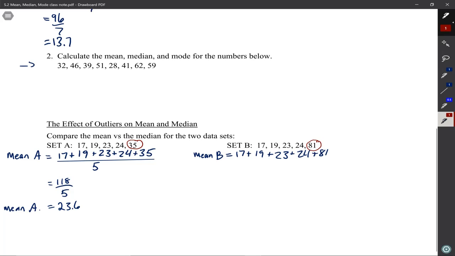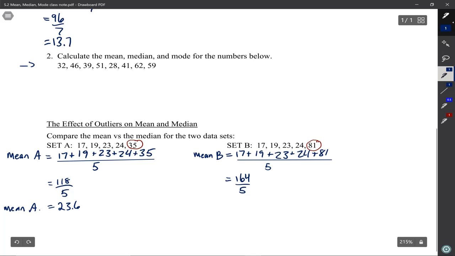We still have 5 data points. We'll divide by a nice round 5 there. Let's put that into our calculator. 17 plus 19 plus 23 plus 24 plus 81 is 164 this time.